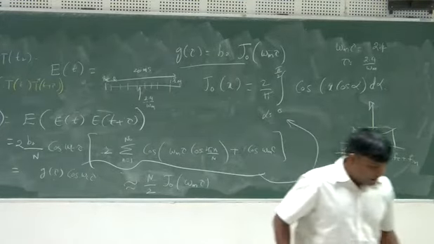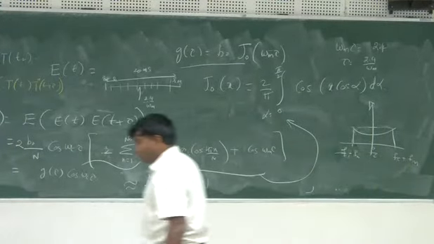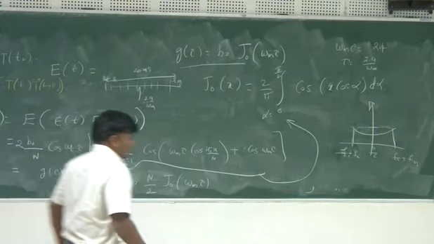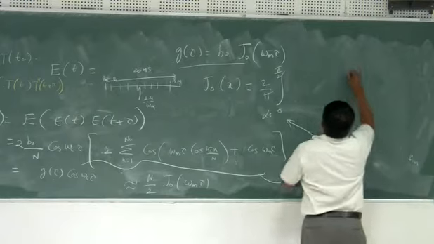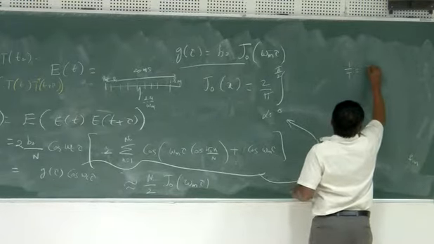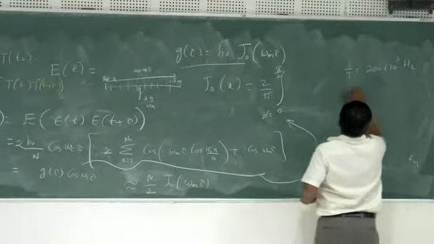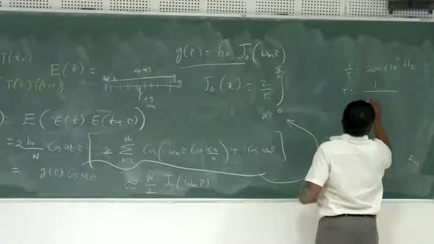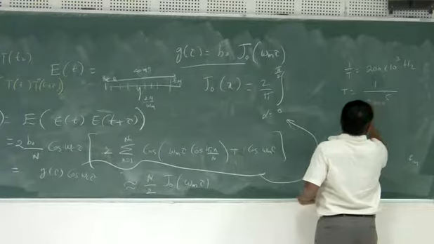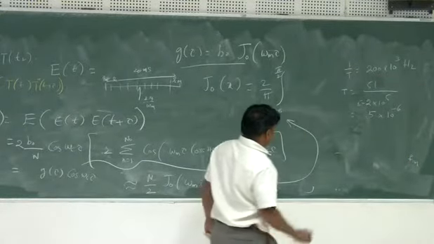So in GSM, bandwidth is 200 kilohertz. What is the data? What is the value of T? 1 over T is 200 kilohertz, let's say, and T would be 5 microseconds.